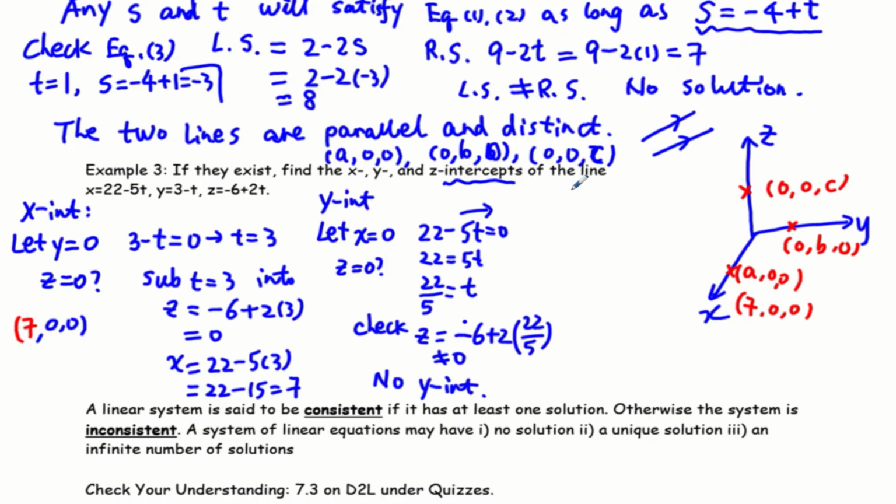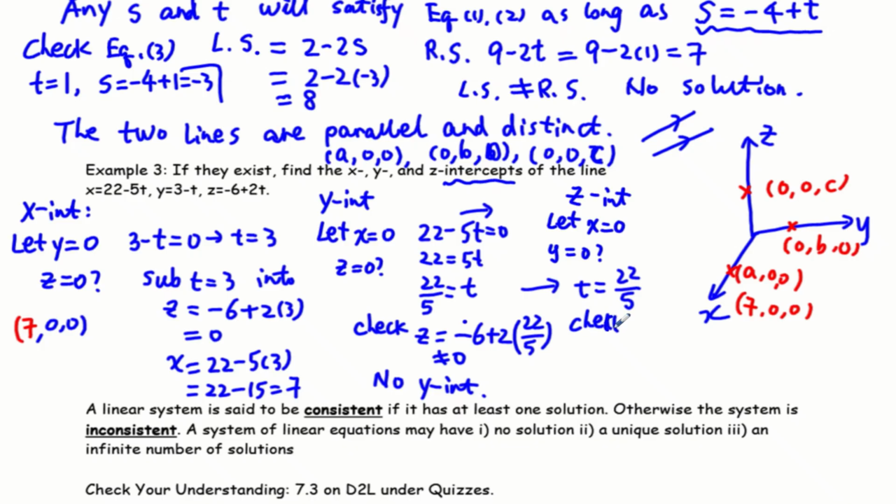Then we check if we have the z-intercept. For the z-intercept, we need to let x equals 0, then check whether y equals 0 or not. From here, we know that t equals 22 over 5 will give us x equals 0. Then we check y.